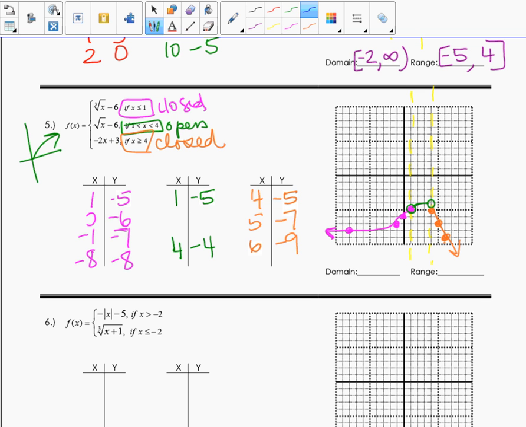Okay. So for your domain and range here, your domain, for every x value, if you're thinking left to right, there is a point on the graph at every x value. So your domain is -infinity to infinity. But your range here, because of the orange graph, that last -2x plus 3 line, it is going to go all the way down.